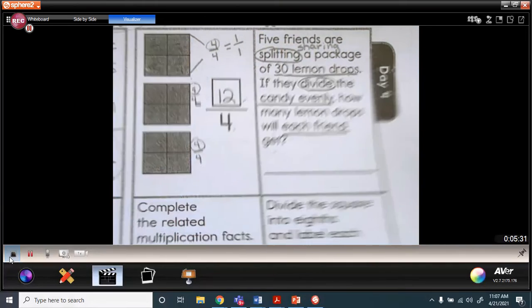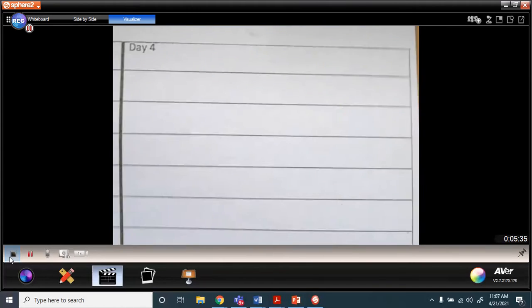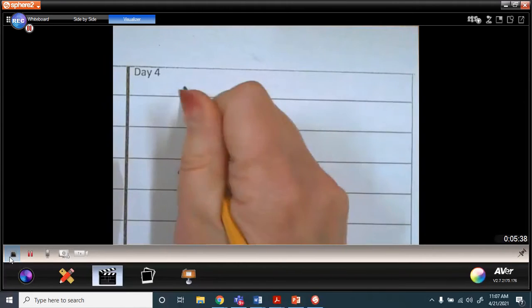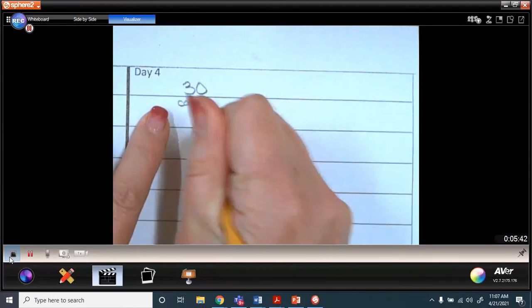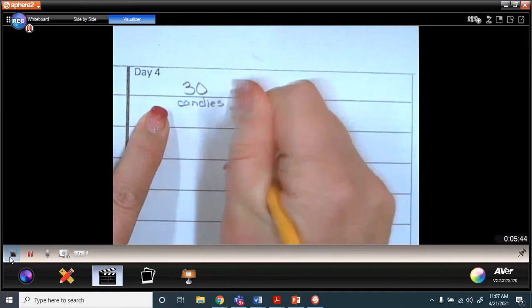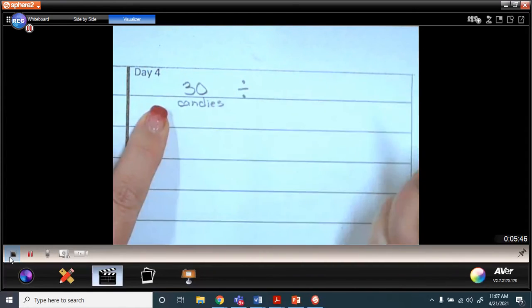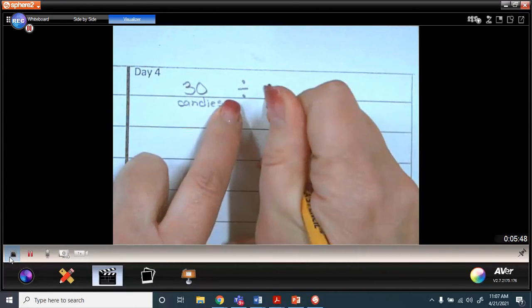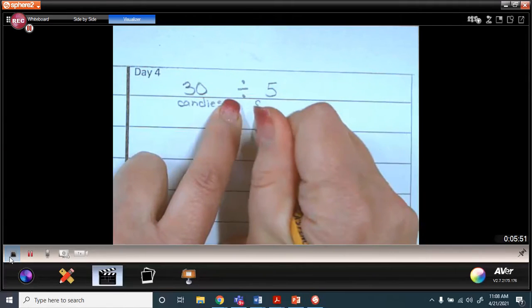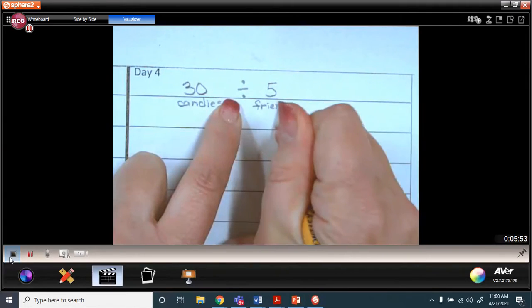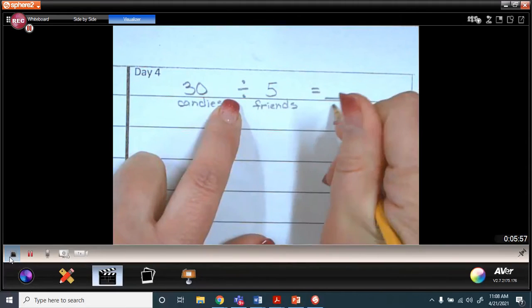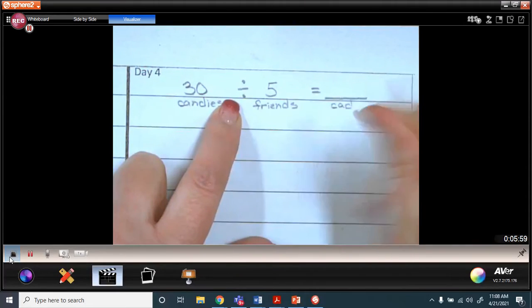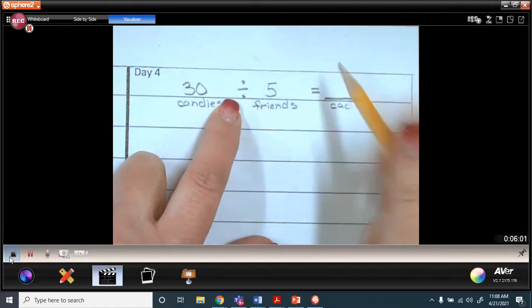So I'm going to take a moment to model for you in the back here. We're going to take the 30 candies and share them equally, which means we're dividing, and we're putting them into groups, the groups being the friends. Now, what we're looking for is the candies each friend is going to get.